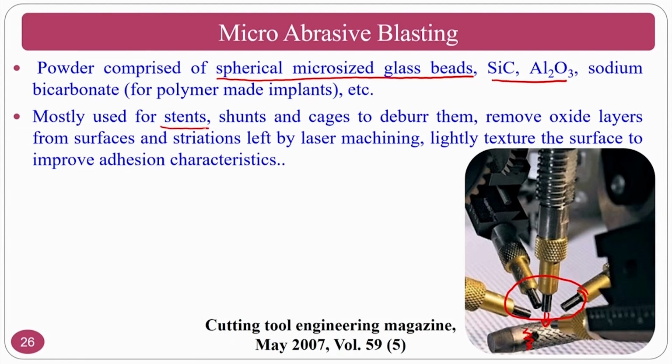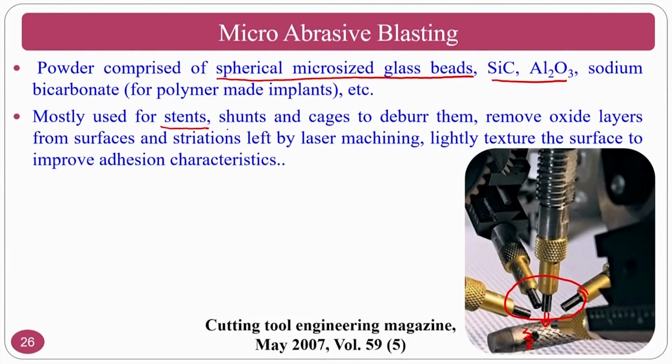Normally metallic stents are fabricated by micro mechanical machining, micro laser machining, EDM and other processes. So there may be some layers you want to remove, or some deburring has to be done on that surface. For that purpose, this micro blasting will be used. So the deburring of these stents and cages will be done.